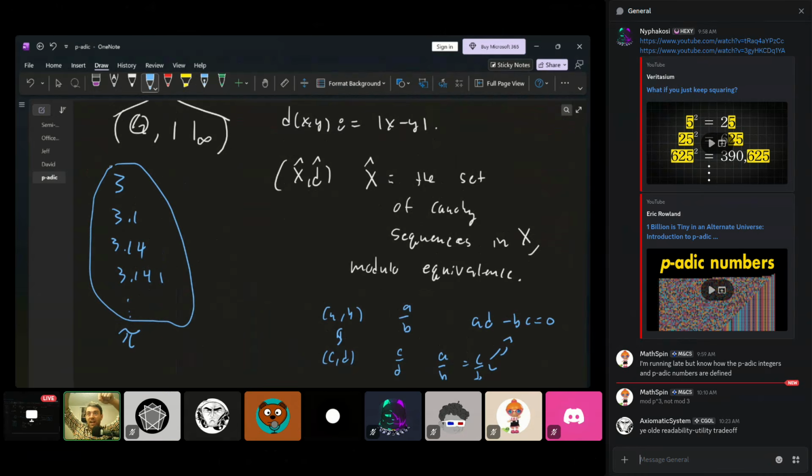Well, I can't just magically fill it in with this point. So what I'm going to do is take the sequence itself that I think should be treated as a convergent thing, and define that to be a point. I'm literally going to define my real numbers to be sequences.